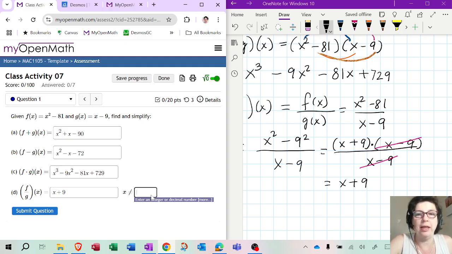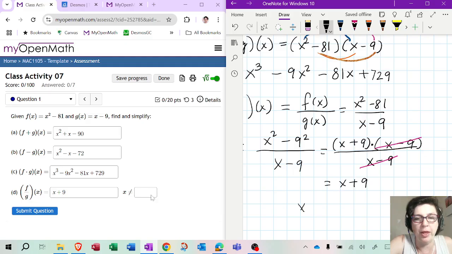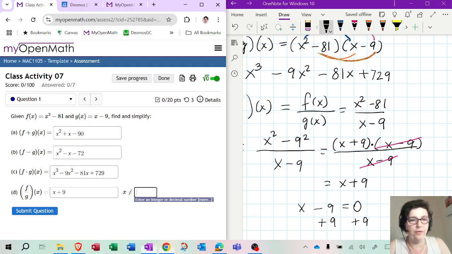So this thing can cancel to x plus 9, but only when the bottom is not 0. Well, let's figure out when the bottom is 0, and that's the point we will have to exclude. So here, if we add 9 to both sides, we see that x is 9. That's when the bottom is 0. That's the only value of x where this thing is going to break, because that happens when the bottom is 0.